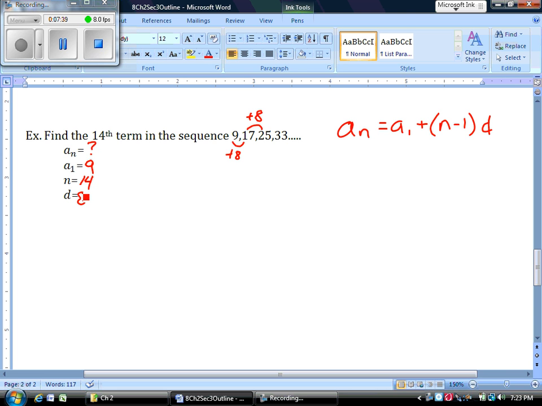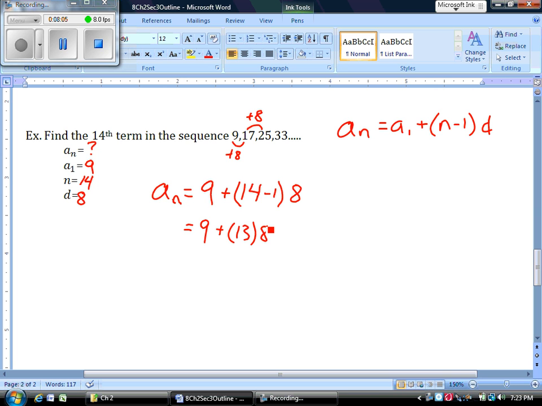So now all we have to do is fill it into our formula. We don't know a sub n, so it stays. A sub 1 is 9 plus n is 14 minus 1 times d, which is 8. Now we're just simplifying. Do inside the parentheses first. So 14 minus 1 is 13.